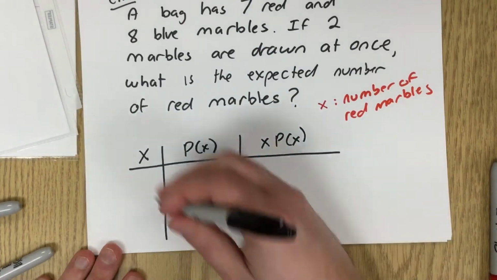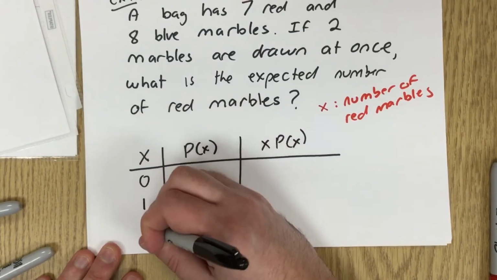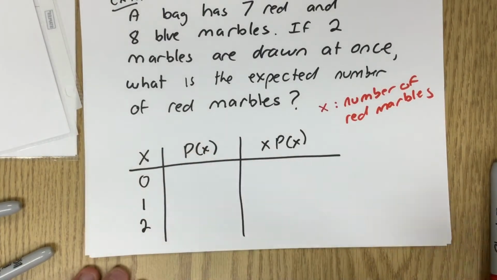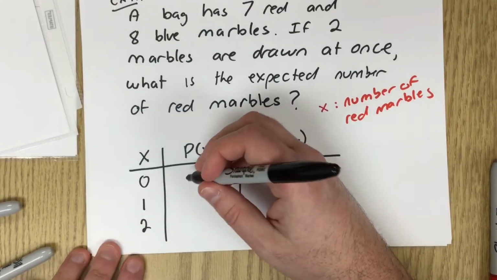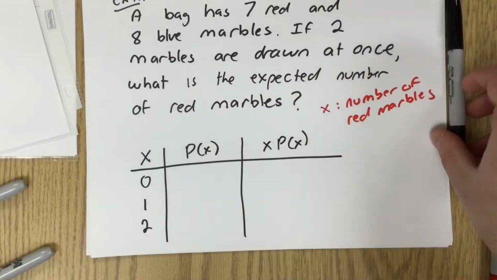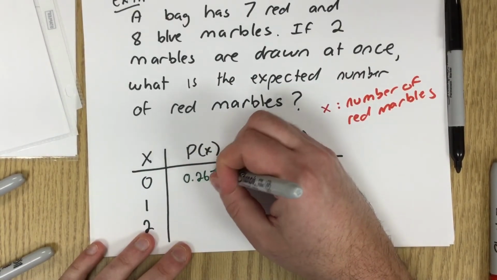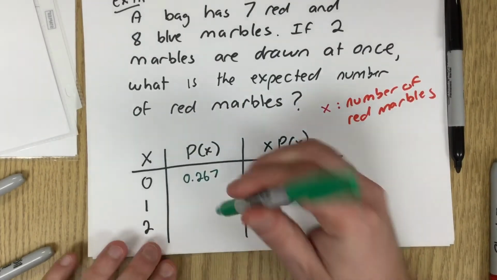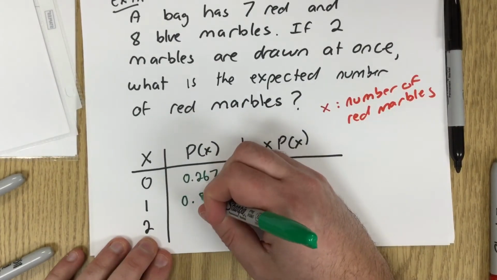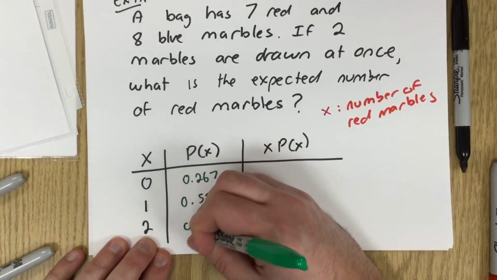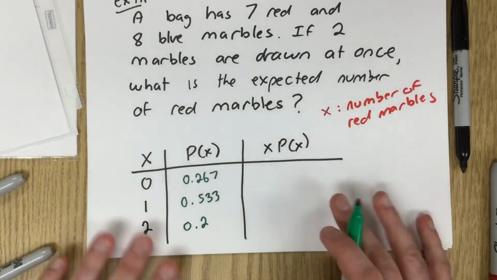The number of red marbles, we could either have none of them, or 1, or 2. And from previously, the probabilities were 26.7%, 53.3%, and dead on 20%.